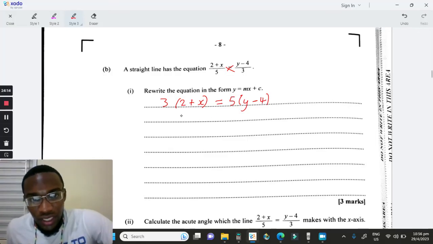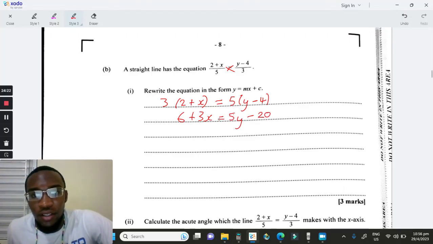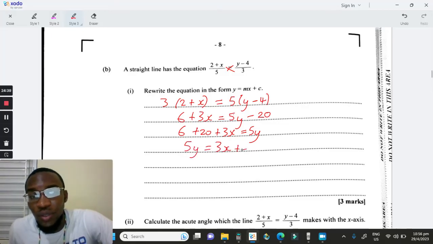Expand it: 3 times 2 is 6 plus 3x equals 5y minus 5 times 4 is 20. Now, we want y to be on one side, so bring over the minus 20 to that side. So 6 plus 20 plus 3x equals 5y. And then 6 plus 20 is 26. So this is saying 5y equals 3x plus 26.